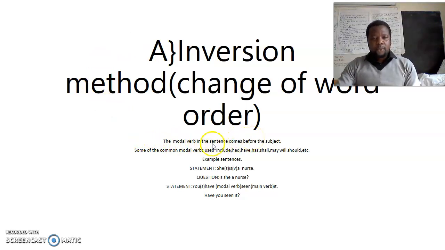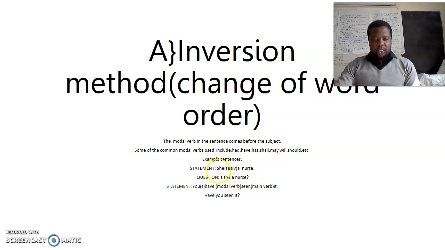Some of the common modal verbs used in sentences include the following: had, have, has, shall, should, will, are, were, was, is. All those are auxiliary verbs, and they are the ones that mostly change and shift position. They take the position of a subject, so it comes first before the subject.